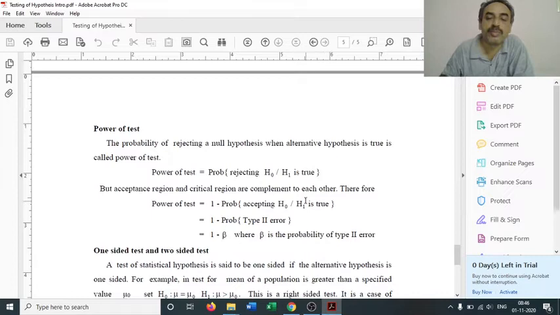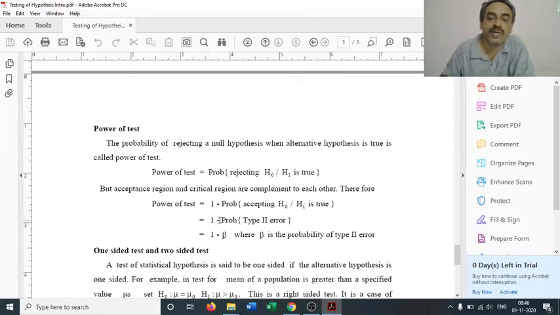Therefore, by the property of probability that the probability of an event is 1 minus the probability of its complement, we have power of test as 1 minus the probability of accepting H0 when H1 is true. But accepting H0 when H1 is true is the same as type 2 error.